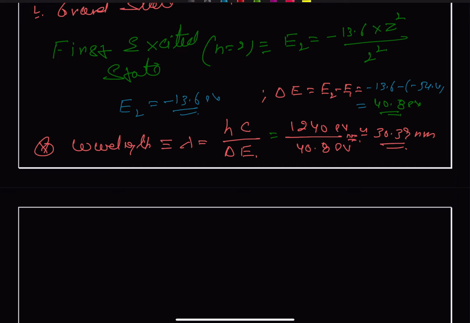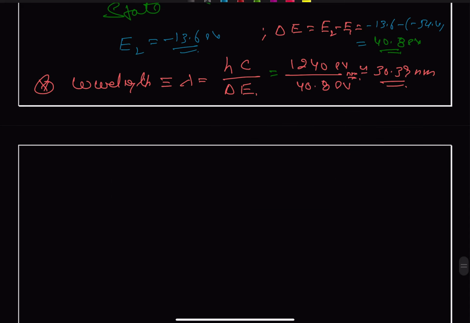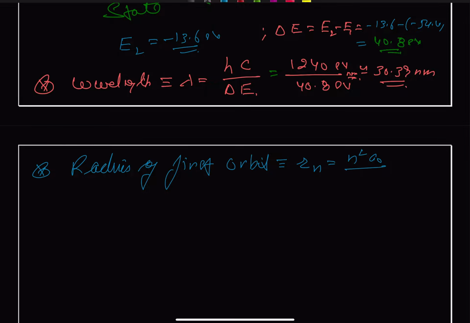Now we are going to find the radius of the first orbit. For the nth orbit we are going to use r of n is equal to n square a naught upon Z. The value of n is 1, so we get r of 1 is equal to 1 square, a naught is about 5.3 into 10 to the power minus 11, and the value of Z is 2.